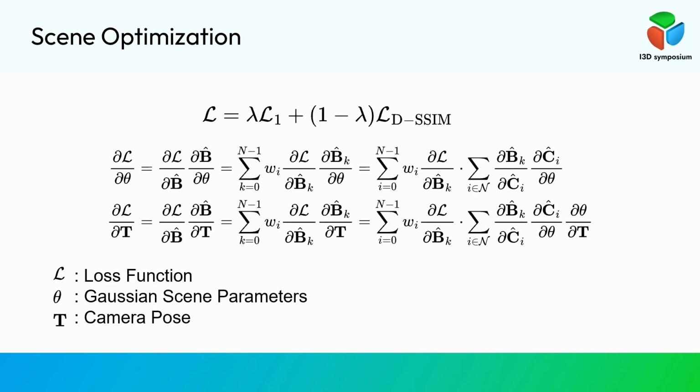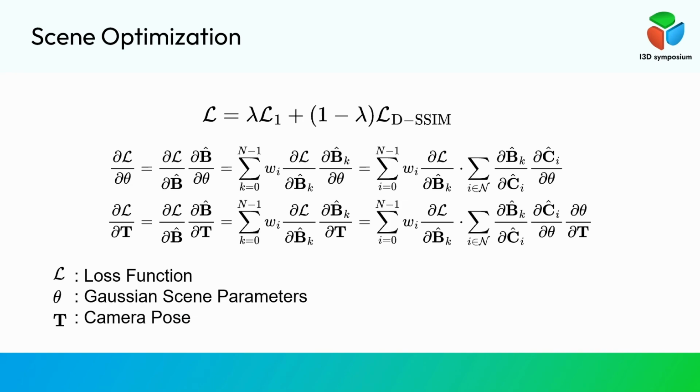So now that I've introduced their camera model and the trajectory, let's go to the scene optimization process. The total loss can be written as a combination of L1 loss and the SSIM loss using the parameter lambda.